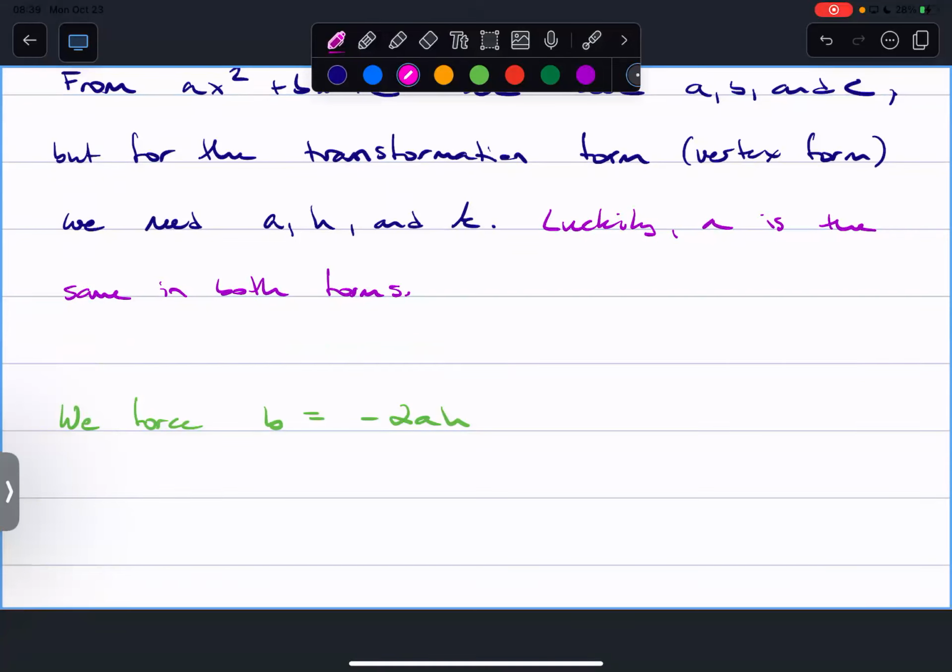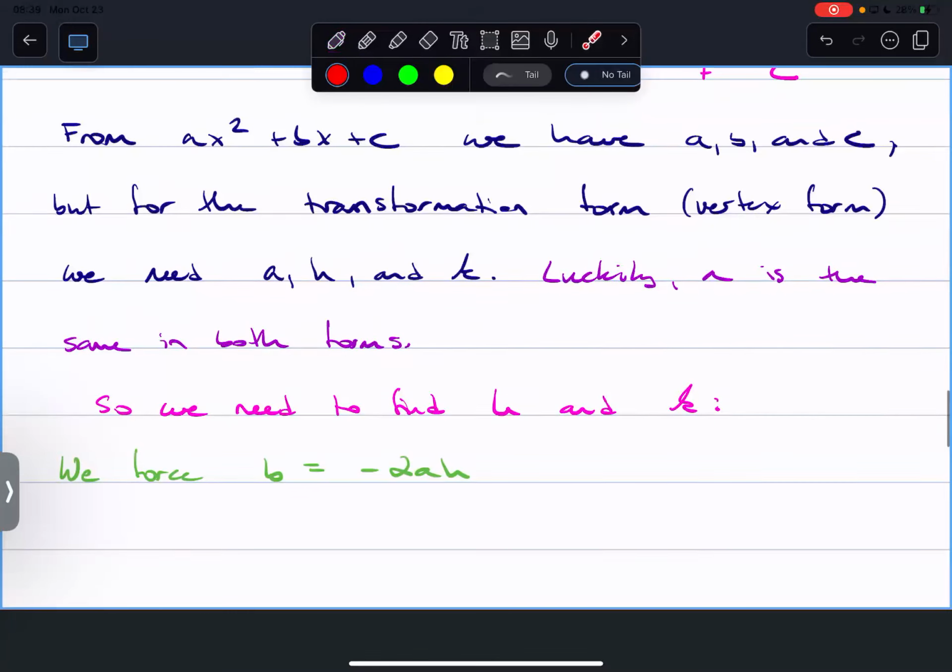Which means that now, we need to find H and K. That's what we're going to do in terms of ABC.